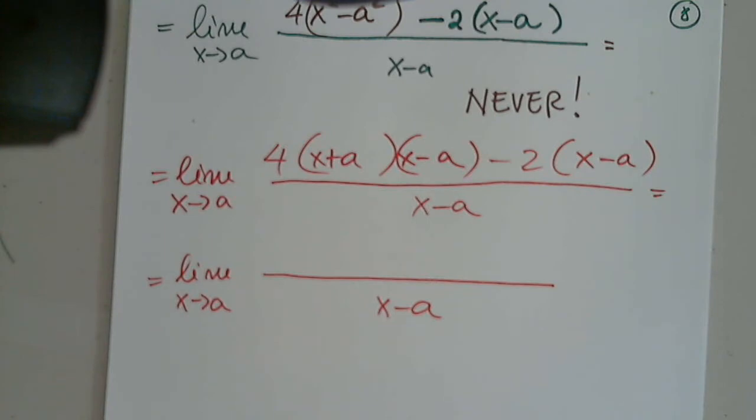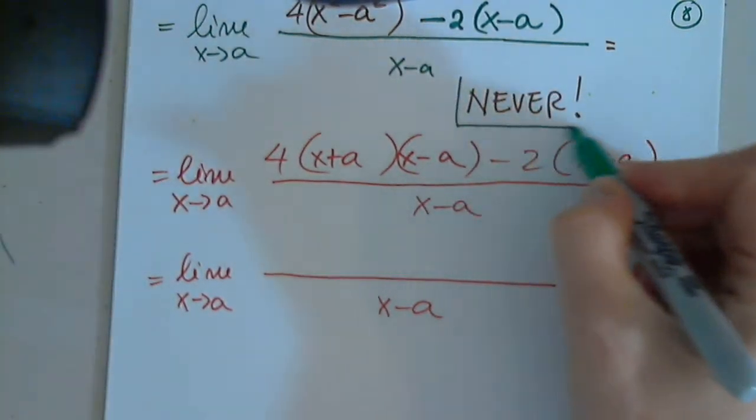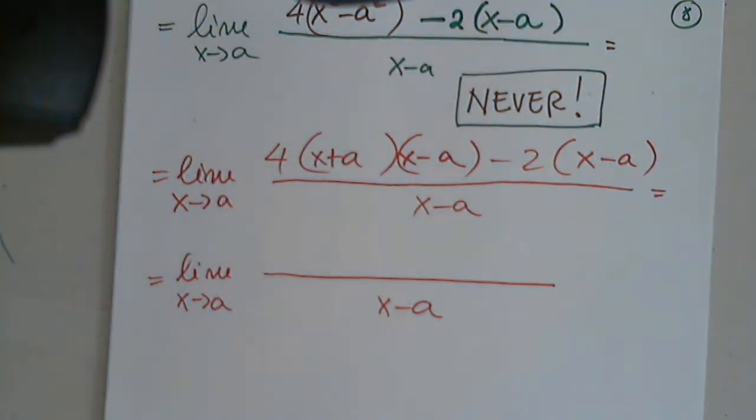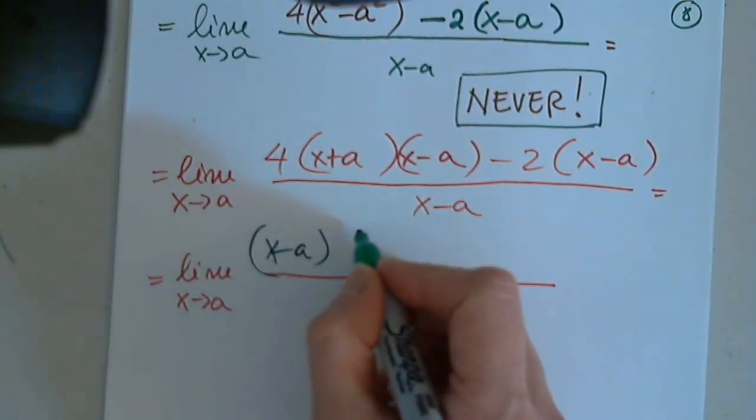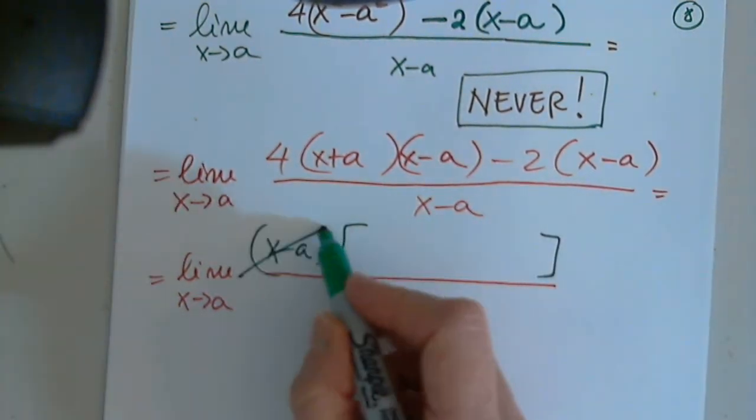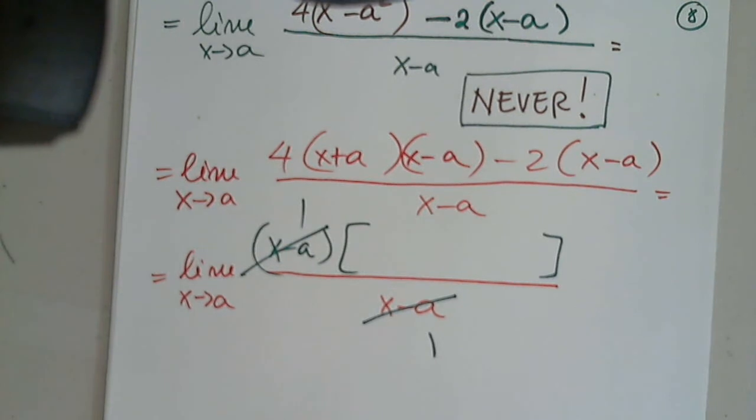Now can you cancel? Trey? Factor out x minus a from both terms. Brilliant, thank you. Now I can, only now. Brilliant, thank you. What is left in brackets?